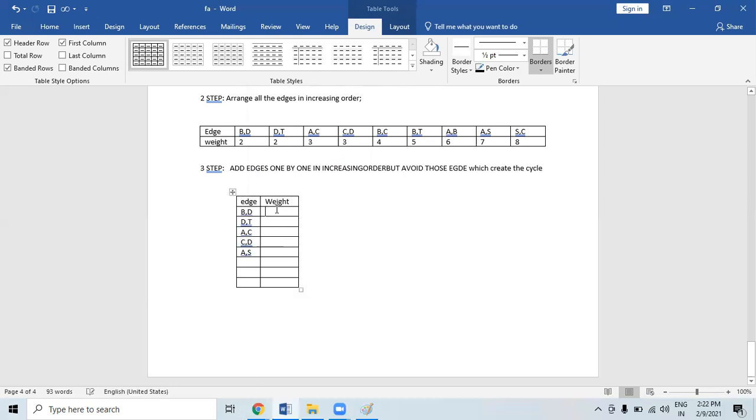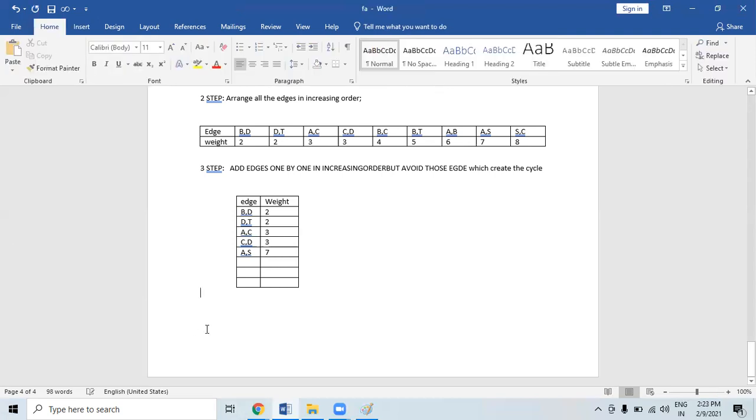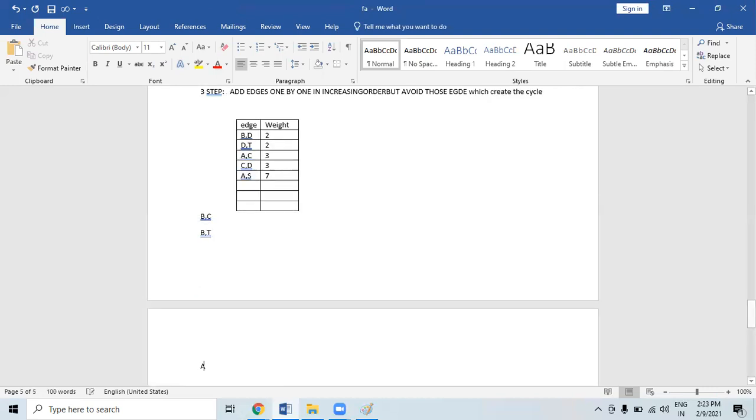Okay, so BD is having 2, then 2, 3, 3, and 7. Okay, so we have noted the edges, like BC, then BT and AB and AC, SC, right?